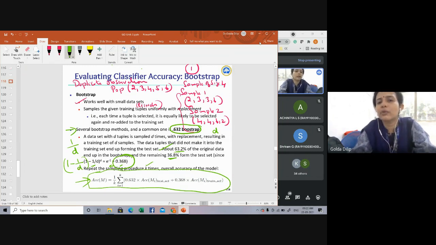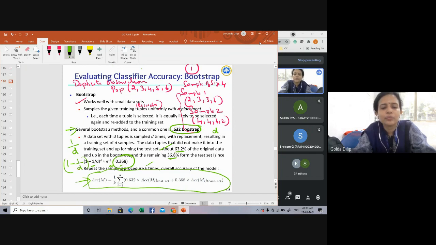Evaluating the classifier accuracy by bootstrapping: bootstrapping is all about sampling with replacement. I gave you an example. Several bootstrapping methods exist, and the most common is the 0.632 bootstrap. The chance of a tuple getting selected is 1 by d, and 1 minus 1 by d is the chance of not getting selected.